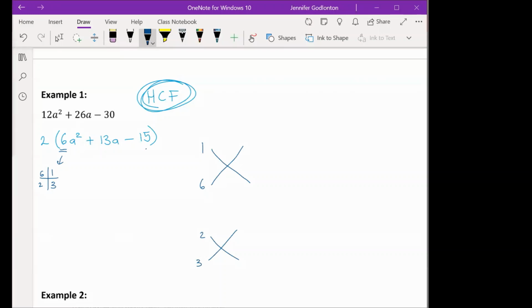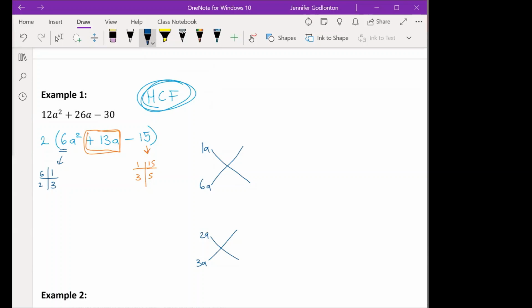Okay. Then we need to look, let me get a different color, at our factor pairs of 15. So we've got 1 and 15 and 3 and 5. We've got to try and place these so that we get 13. That's what we're trying to get to. Let me put these a's in so that we can see that everything's got a's.